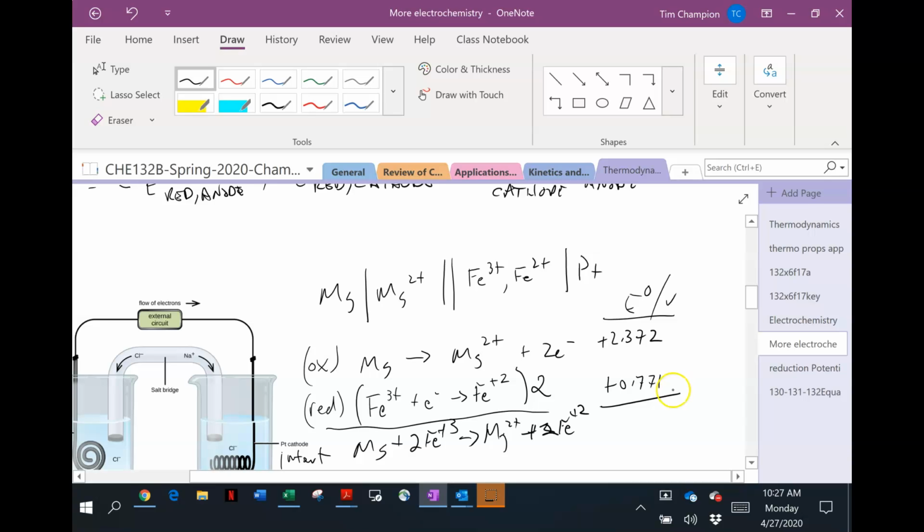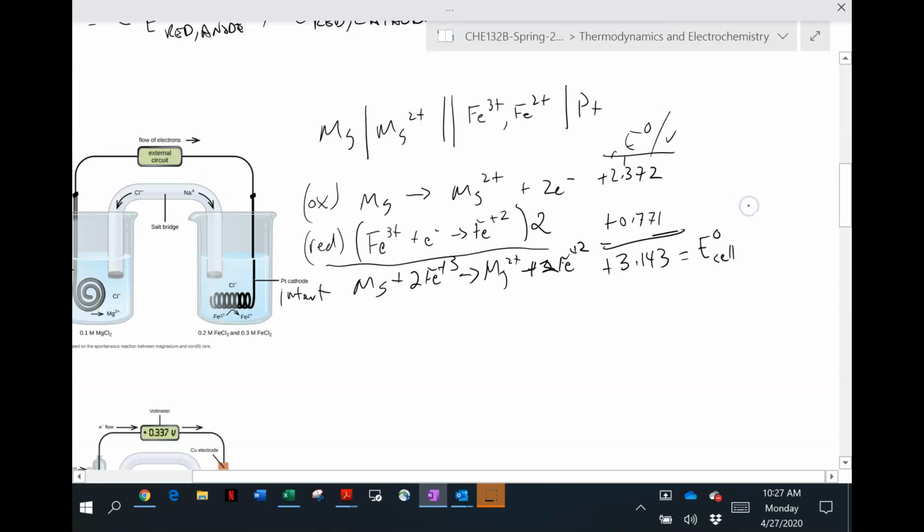So 2 and 1 is 3, 7 and 7 is 14, carry my 1, 7 and 3 is 10, 11 with that carried 1, I get a whopping 3.143. I apologize, I don't have this at a good angle. 3.143 positive. That is our E0 for this cell, which again is a very, very spontaneous reaction.